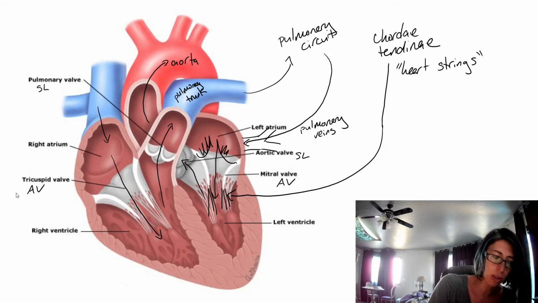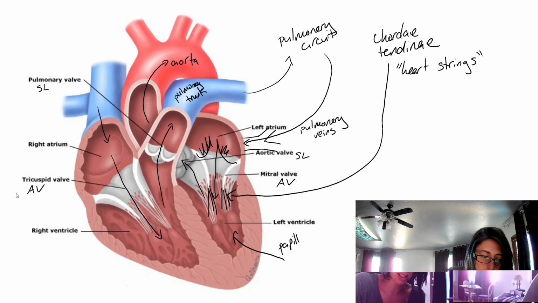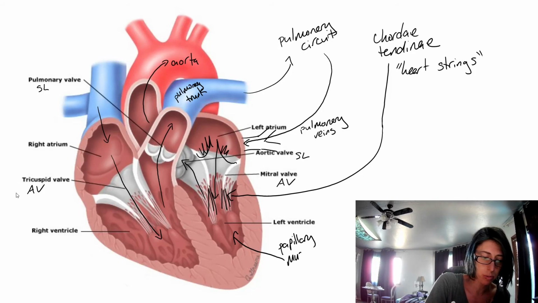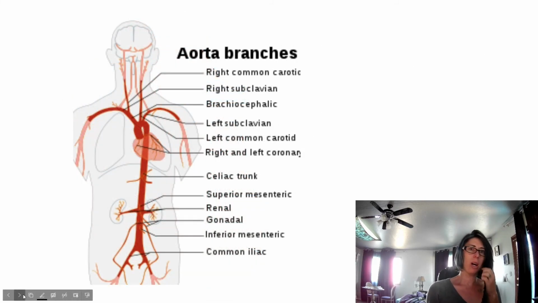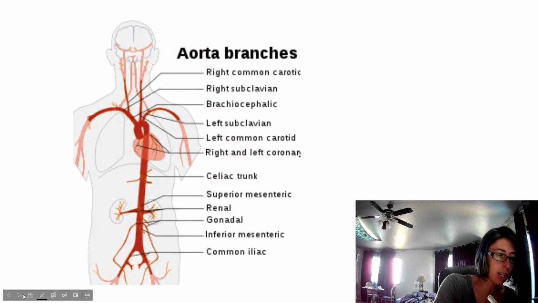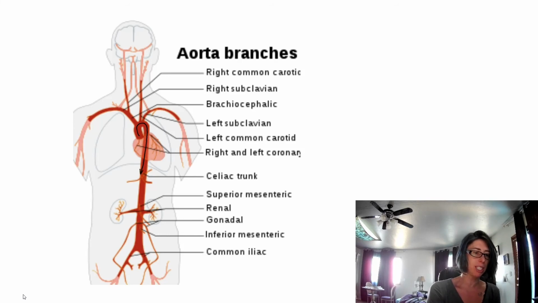And the heartstrings are attached to what's called papillary muscle, which are those tent-like muscles. They look like tents. All right, so I want to talk about the aorta. So the aorta is this big, major artery, also known as an elastic artery, that sends the blood from the heart to the rest of the body.